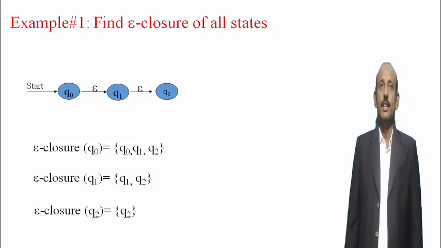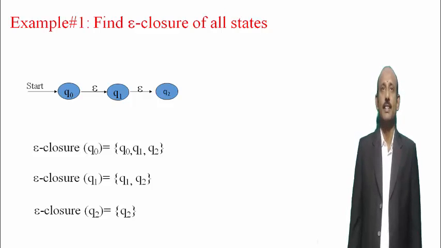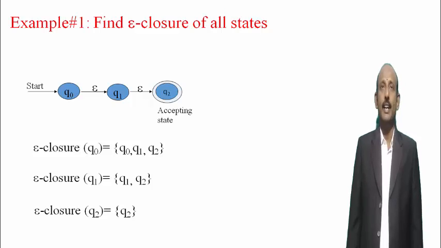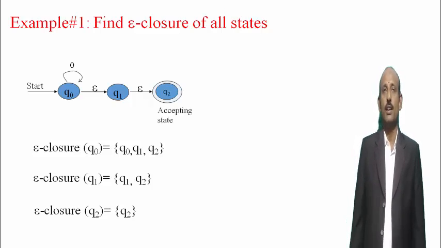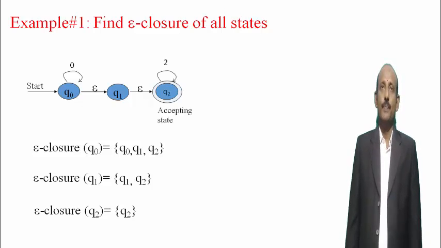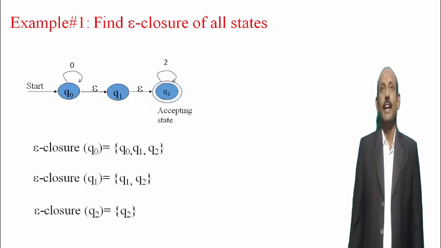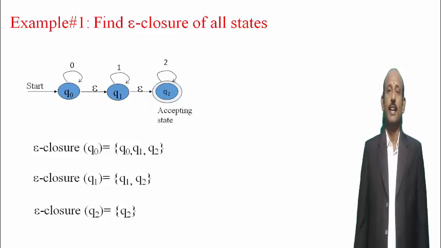So now we see whether this Q2 is an accepting state, and any number of inputs, zeros, ones, twos, in this state diagram. In this one it may read any number of zeros followed by any number of ones and followed by any number of twos.